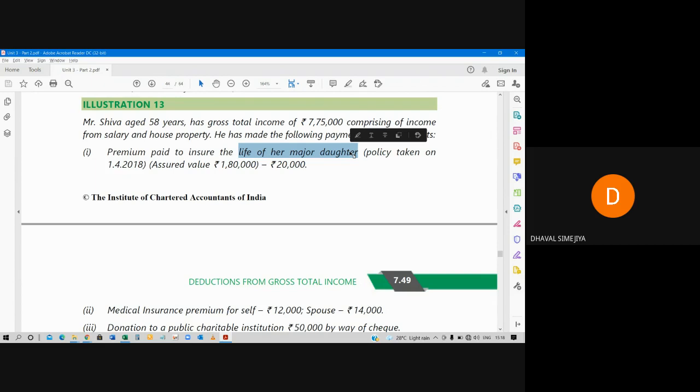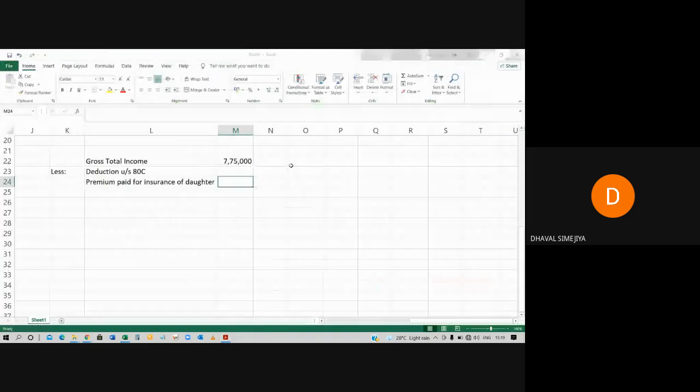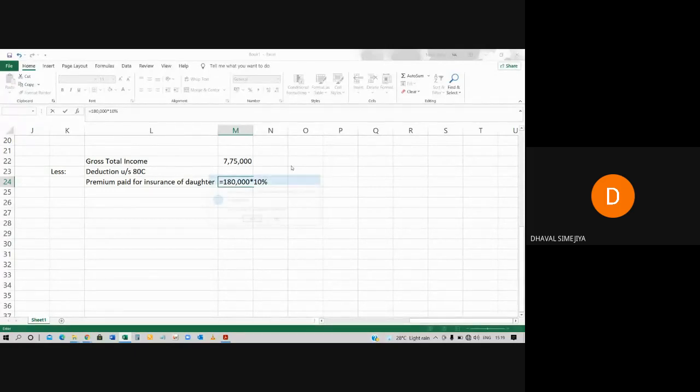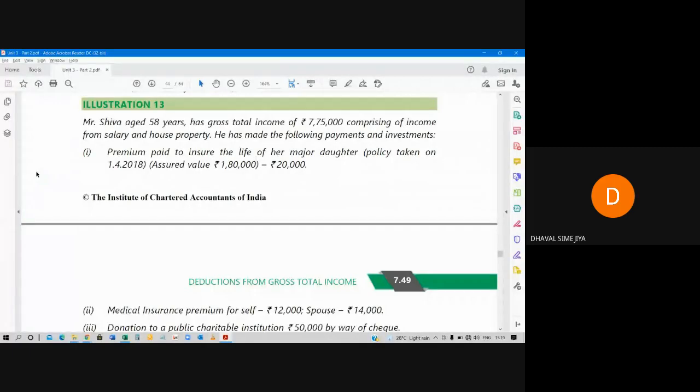No. So 10 percent of 1,80,000, that is 18,000 rupees, will be available. Though 20,000 was paid, the limit is 10 percent of the capital sum assured.